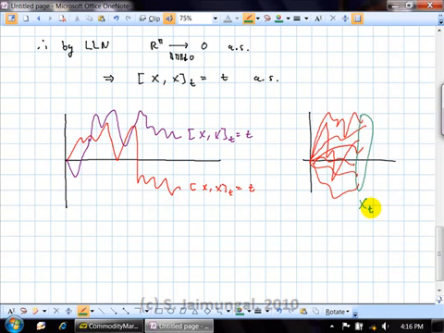Over several scenarios. And we know that this is normal with mean 0 and variance t. This linearity in t shows up in the variance of the Brownian motion, and it shows up in the sum of the squares of its increments.